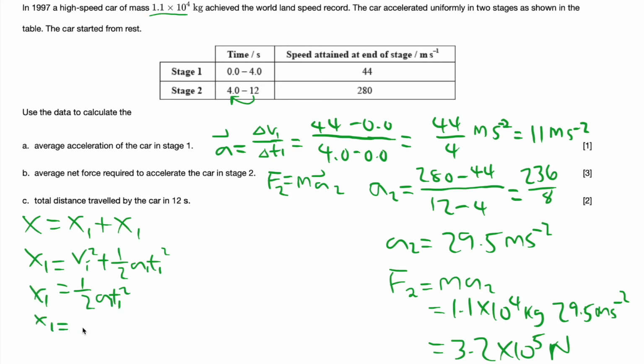So x sub 1 is going to be equal to a half times the average acceleration, so 11, times t squared, so 4 squared, and this is equal to 88 meters. So here should be 4.0, right? And now you can calculate x2.